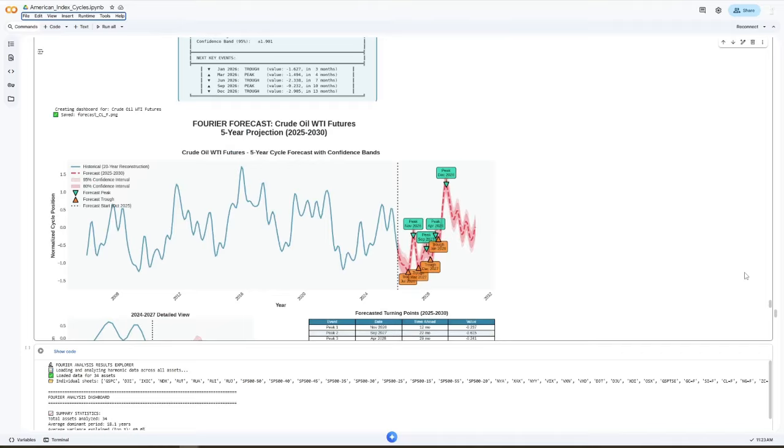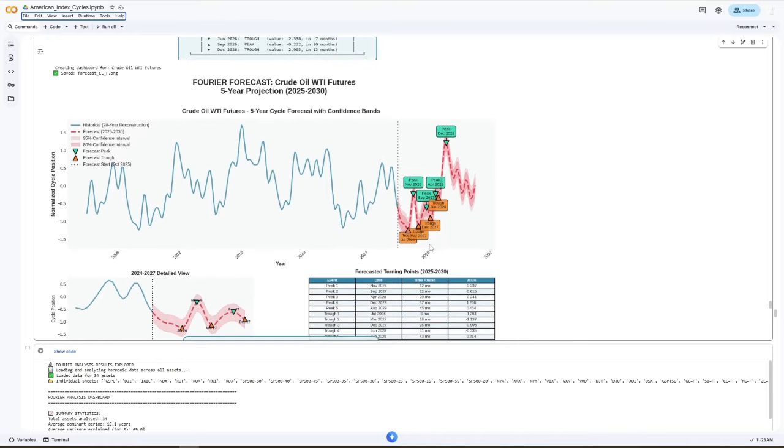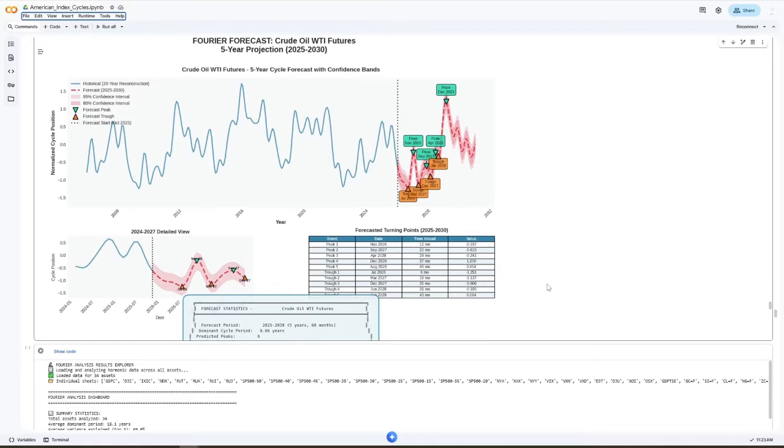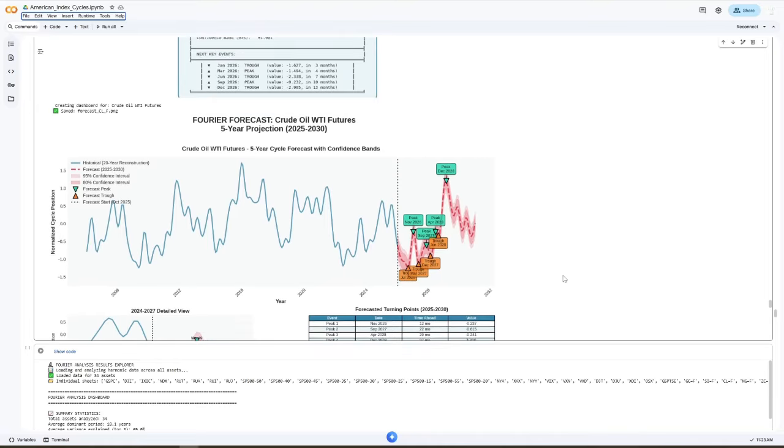Okay, it tells me, for example, here that oil futures will have a trough in July 2026. So probably oil prices will have a bearish market, not a bear market, but they will continue to go down, some sort of decrease in price up to July. So you could expect a few months of expansion of this downward trend in oil prices.